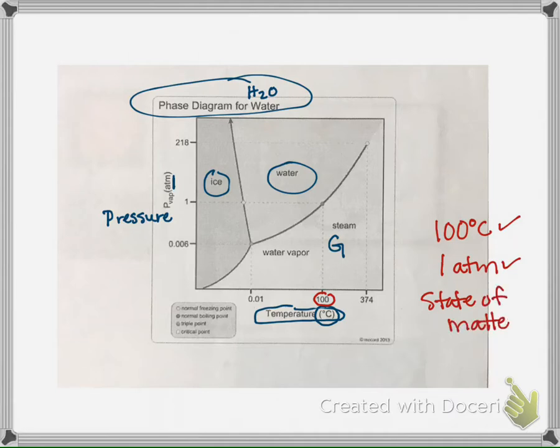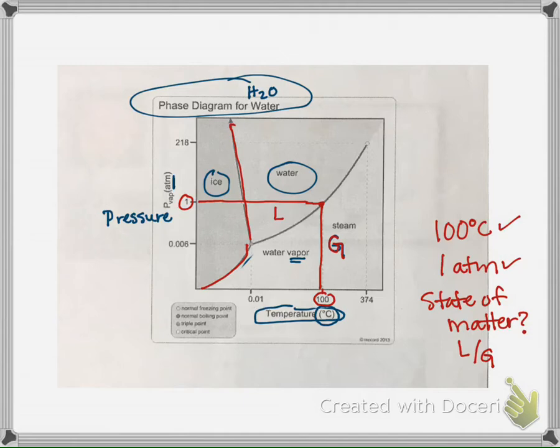So you come over here and say, okay, here's 100, here's 1 atmosphere. If I go over here, that's going to be this point, okay? Now, right here at this point, it is on the line that divides the gas state and the liquid state of water, okay? So right now, we're not really sure, is this liquid or is this gas?